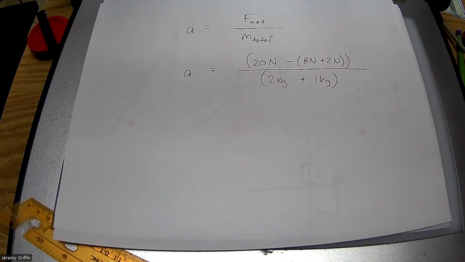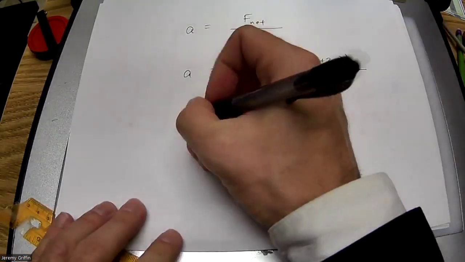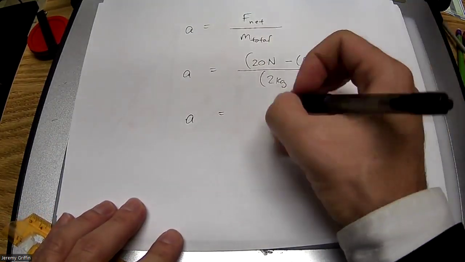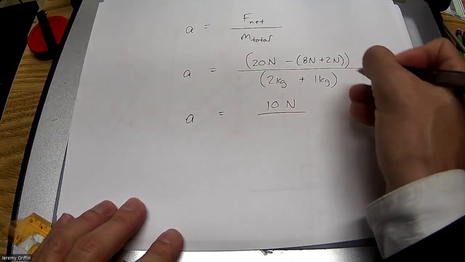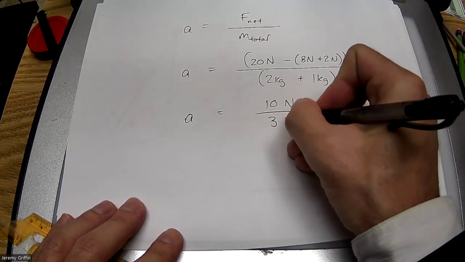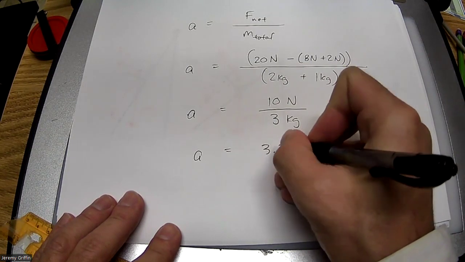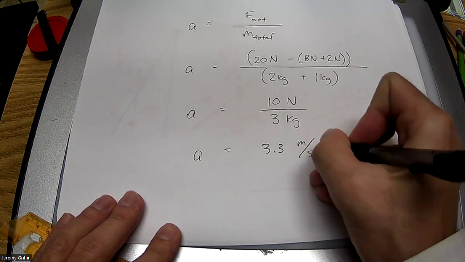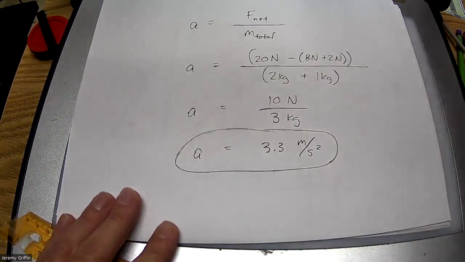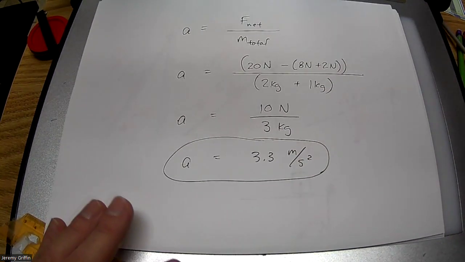Would that be true? Good. So the acceleration is, let's say I got a 10 Newton net force acting on 3 kilograms mass. Could that be 3.3 meters per second squared? Think like that.